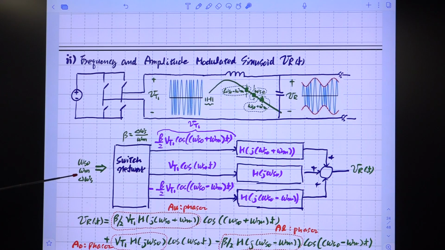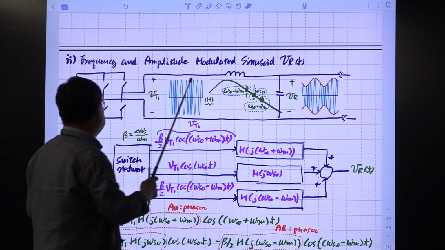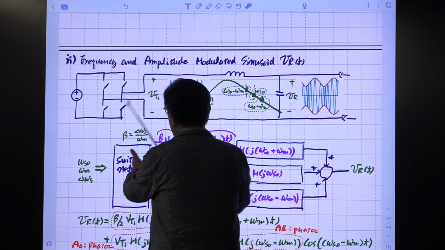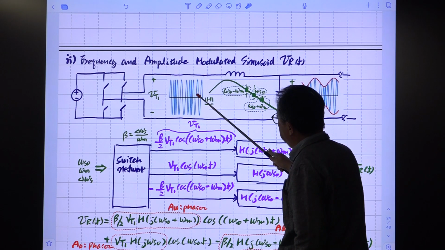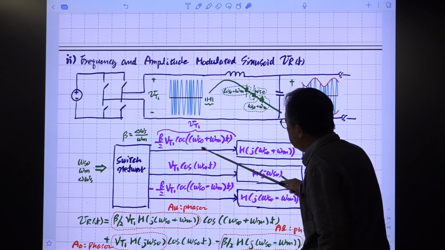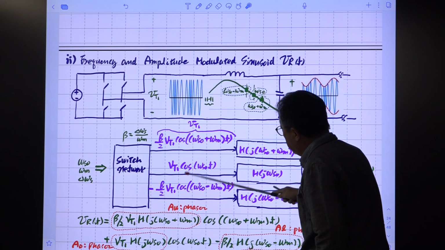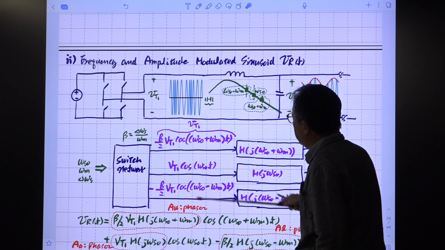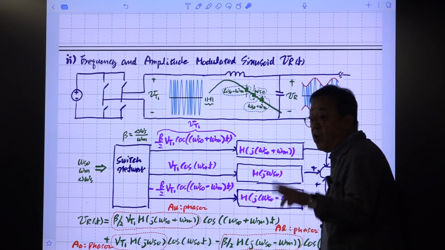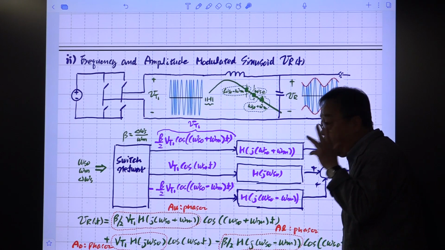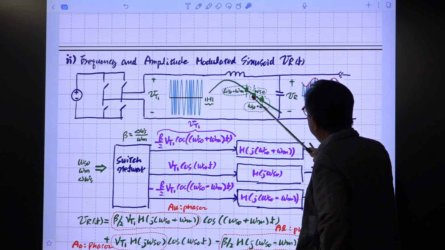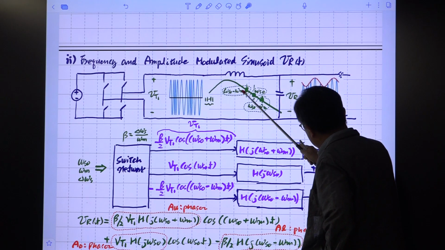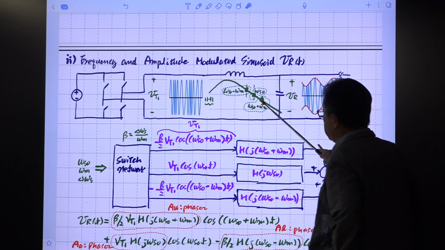The input of this process is the unmodulated switching frequency, modulation frequency, and variation of the switching frequency. Once this goes through the switch circuit, you have these waveforms, expressed as the sum of 3 terms. Because we have only 3 components, we only need to consider the gain of this tank transfer function at these frequencies.